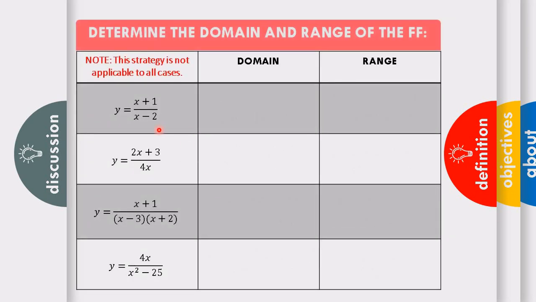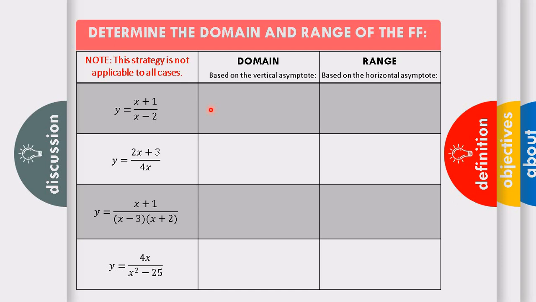So for this one, we will just base the domain and range on its asymptotes. For the domain, we base it on the vertical asymptote, while for the range, we base it on the horizontal asymptote. So the asymptotes will become the restrictions for the domain and range.